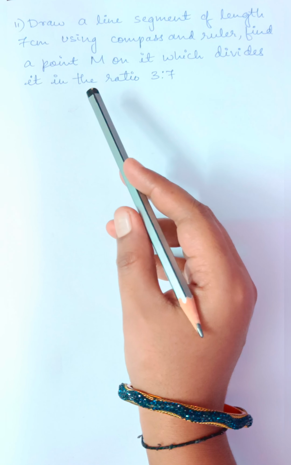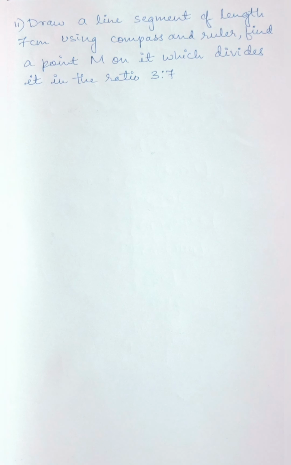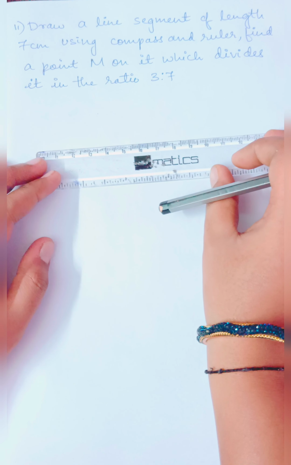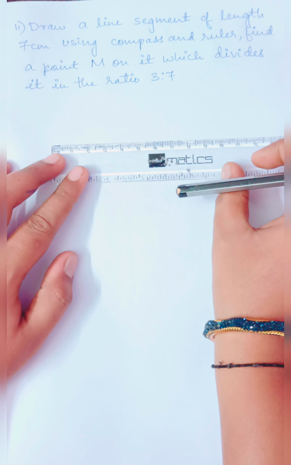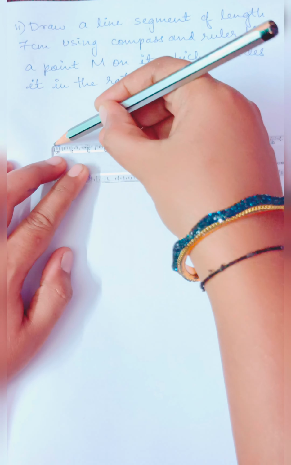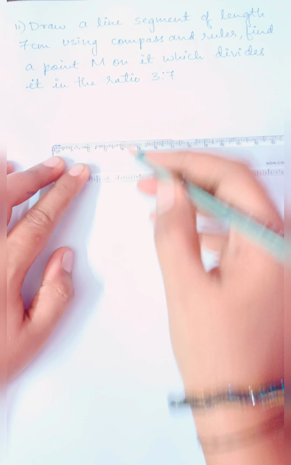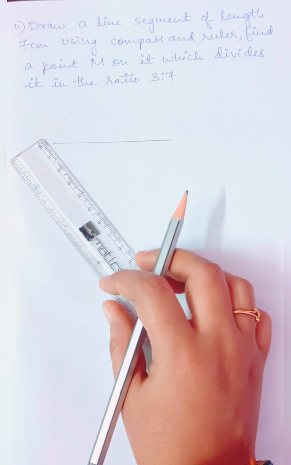We need to draw a line segment of length 7 cm using compass and ruler, and find a point M on it which divides it in the ratio 3:7. So for the construction of this, I am going to draw the line of 7 cm exactly.